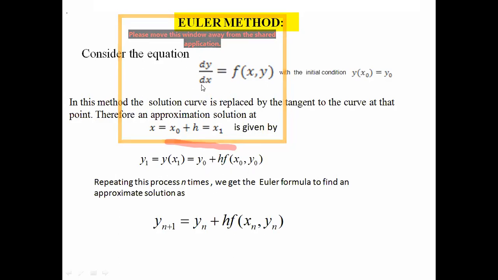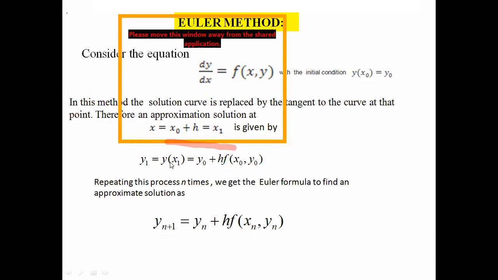Usually dy by dx represents nothing but the slope. So derivative means finding the slope. What is dy by dx written as? f of x, y. So the value of the slope at that point, where x is x naught and y is y naught, multiply by h, and add to this. That will be the solution for that.